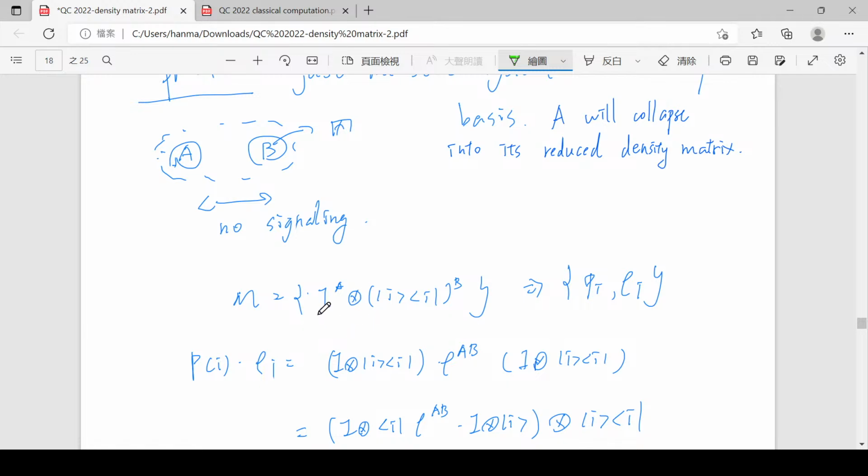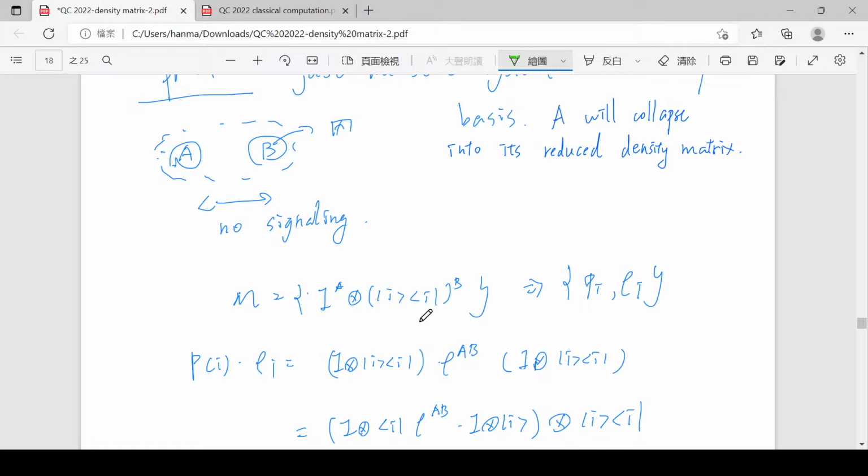Well, that should be doing identity on system A and tensor with those projectors on system B. Okay?